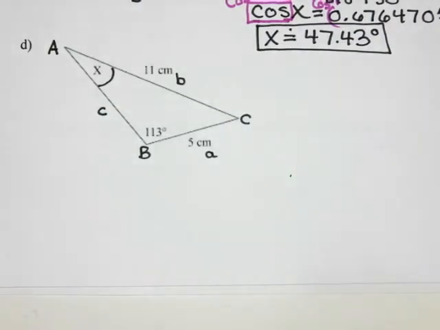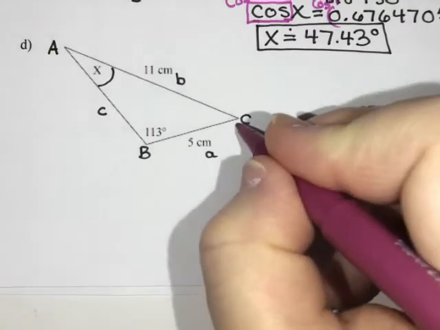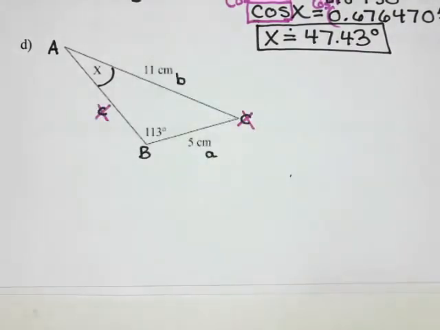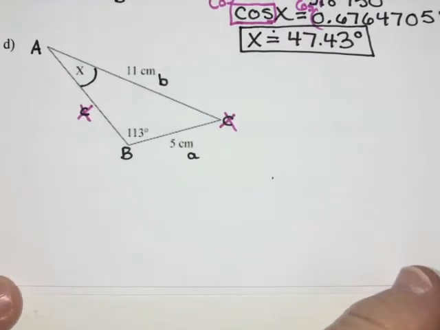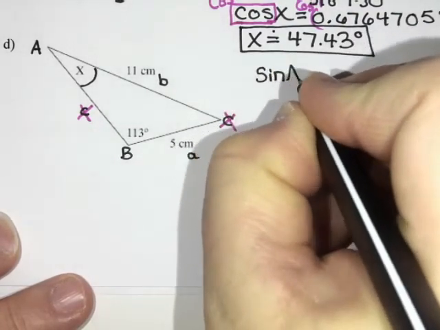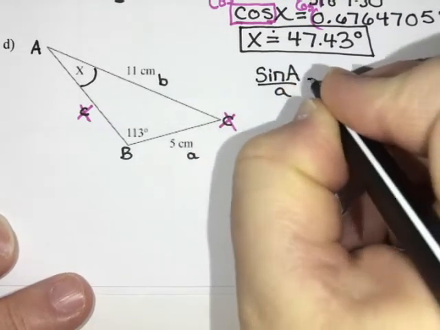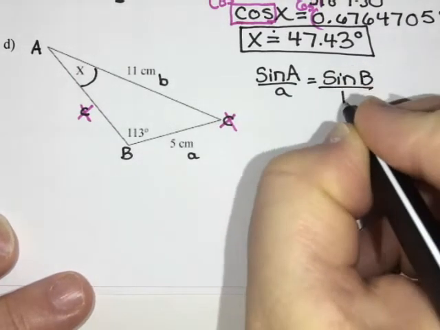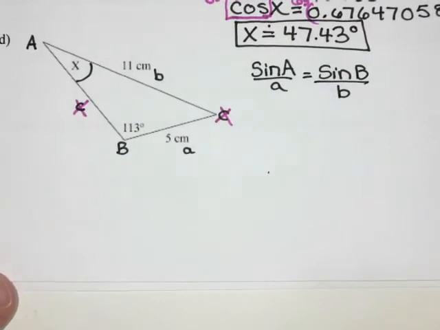Now I do notice that I don't know anything about angle C or side C, so I am not going to use C. I'm going to use A and B. So I'm going to write down my formula, which is sine A over A equals sine B over B. So I'm going to substitute in all the things that I know.